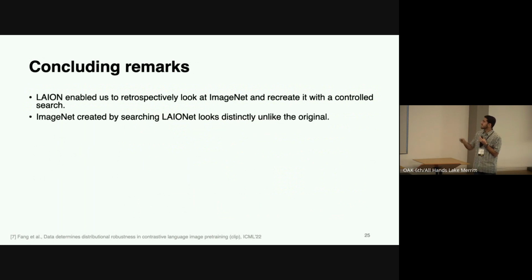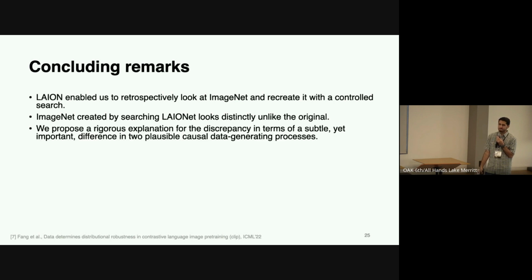So LionNet enabled us to retrospectively look at ImageNet and see what might have gone wrong with ImageNet. As you just saw, the new dataset, LionNet, looks very different from the original ImageNet. We try to explain that in terms of data generating processes.